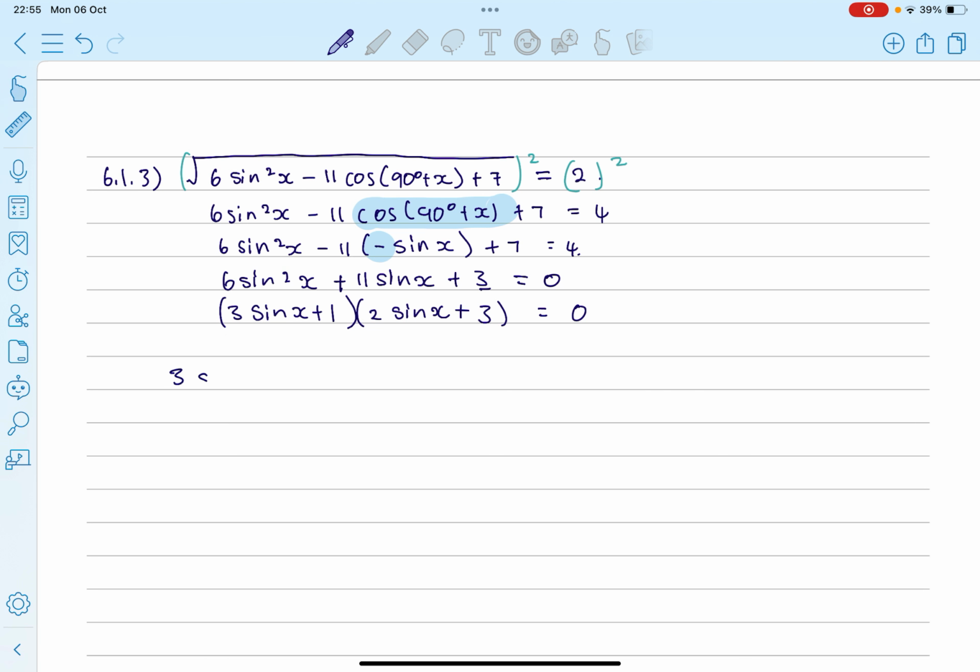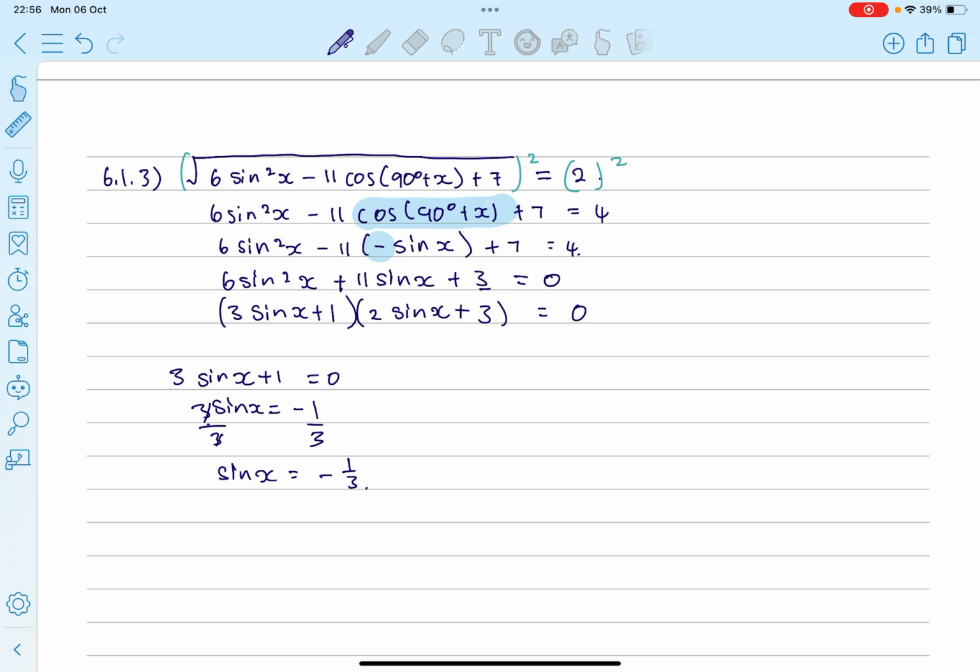Starting with 3 sine x plus 1 is equal to 0. We can take the 1 to the right. Divide both sides by 3. You end up with sine x being equal to negative 1 over 3.